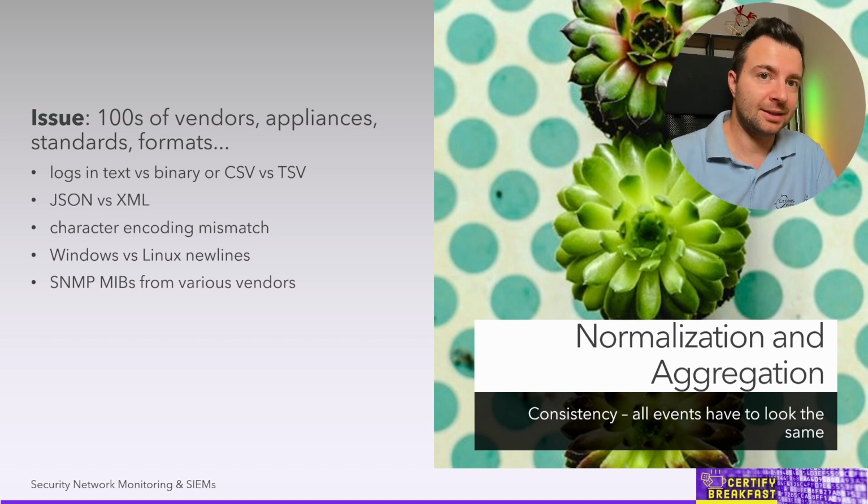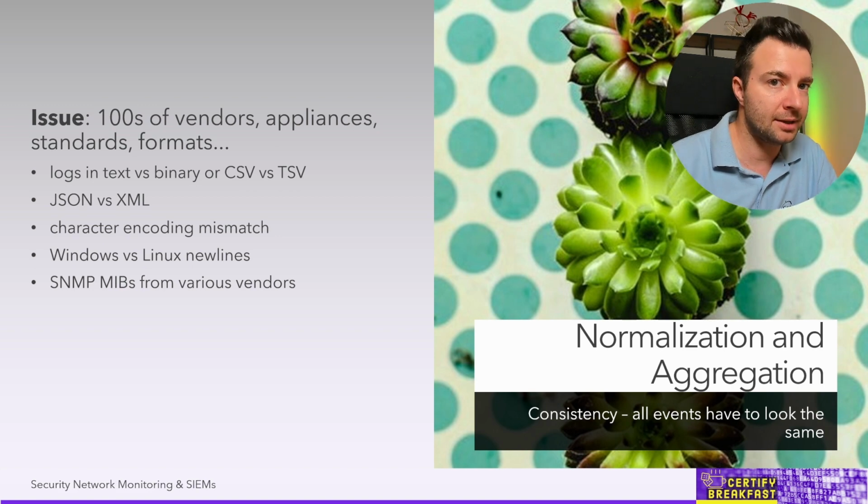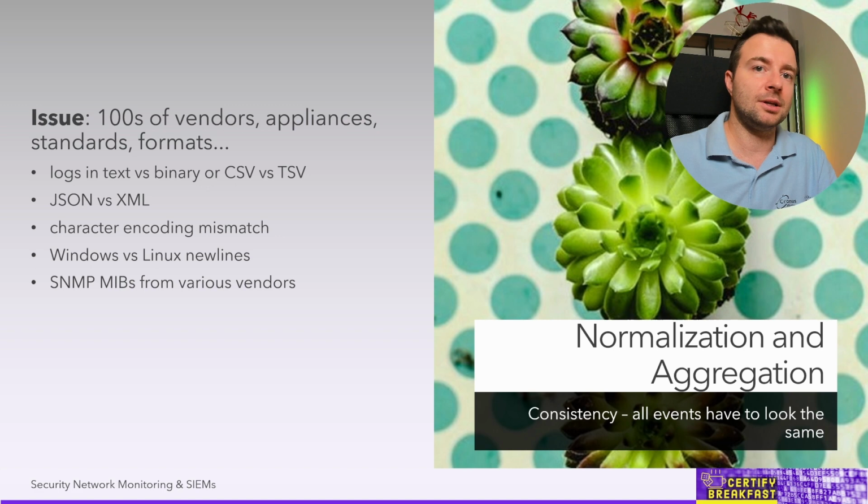Not to mention the fact that the SNMP MIBs, basically the database schemas that each vendor is using for their own software solutions or hardware appliances, are completely different, not just among vendors, but also among different products from the same vendor.